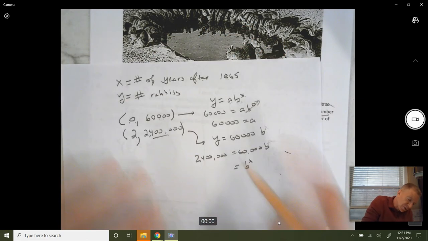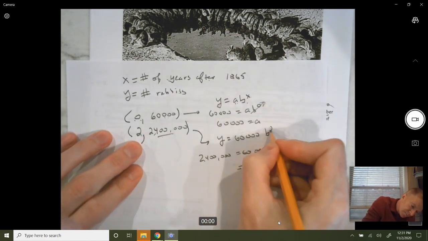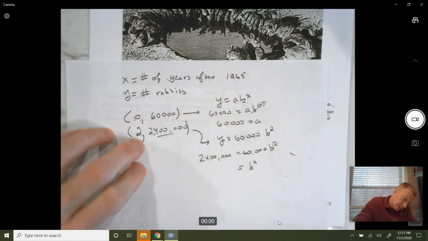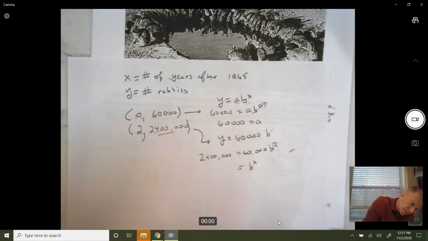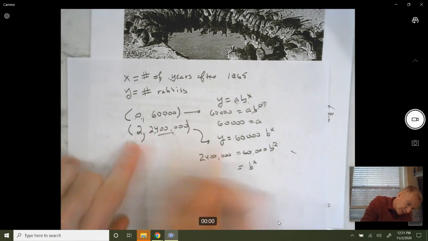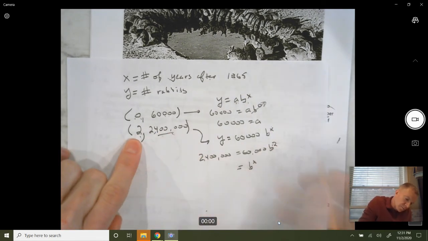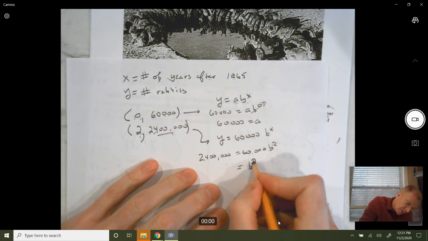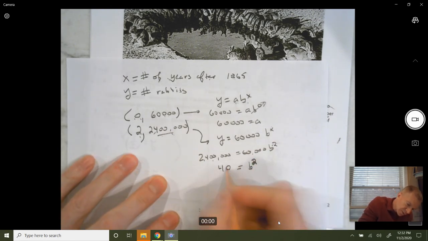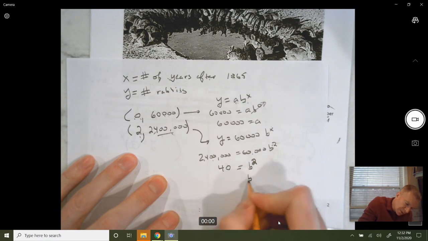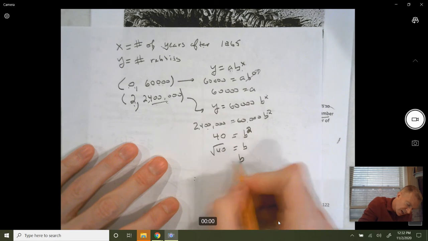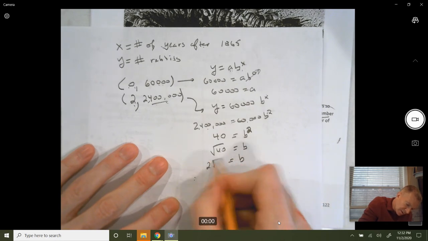Sorry, we don't plug it into this step, b to the x. So in this step, we're plugging in this for y, and we're plugging in 2 for x, so b squared. So b squared is now equal to 2,400,000 divided by 60,000, which is 40. So b squared equals 40, or b equals radical 40, which we could simplify to 2 radical 10.